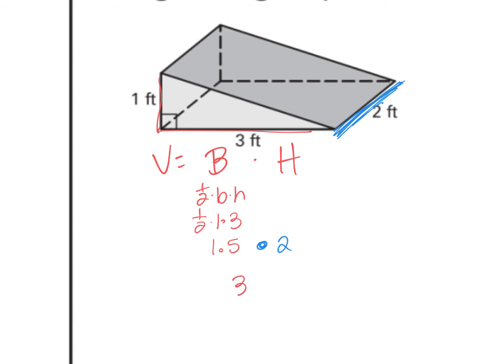And then we need our label. This is different from what we've been doing. We've been doing area up until this point. Now we're doing volume, so this is 3-dimensional. How many 1 foot by 1 foot by 1 foot cubes would fit in here? That answer would be 3. So the label would be feet to the 3rd power. That's how you label volume always.